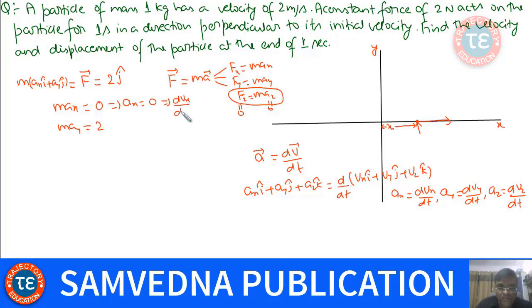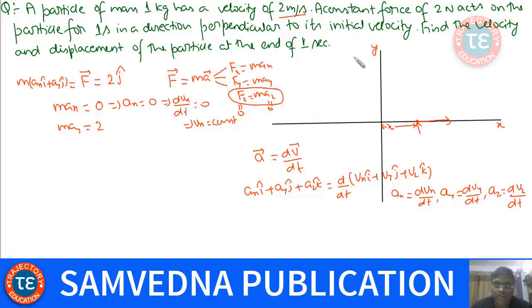So if ax is 0, that implies dvx by dt is 0, and that implies vx is constant. Whatever was vx, it is going to remain the same throughout.